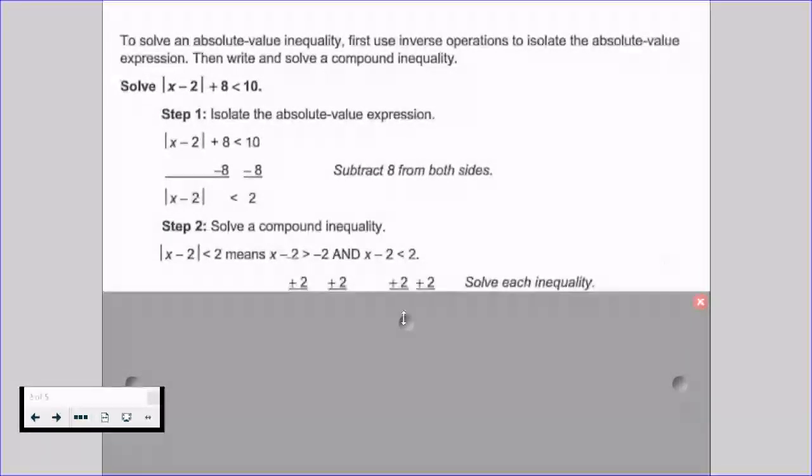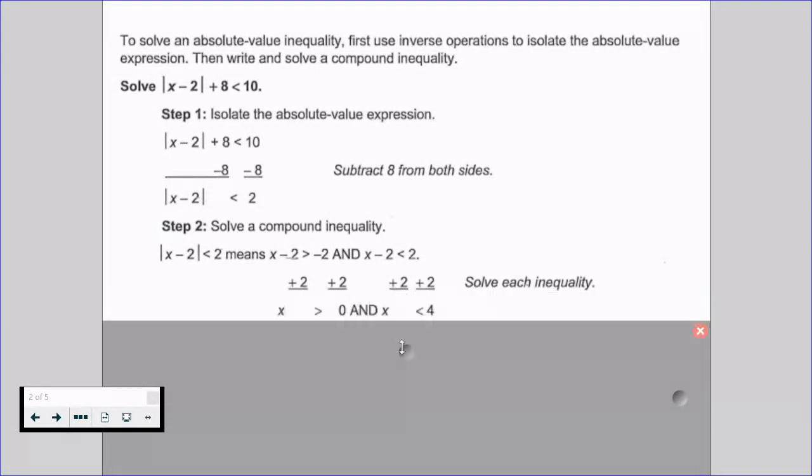So when we solve it, we add 2 to both sides in both instances, and we get x is greater than 0 and x is less than 4. And this should make sense because we can think of a number that is between 0 and 4, a number that's bigger than 0, but a number that's less than 4. 1, 2, 3, 3.5.